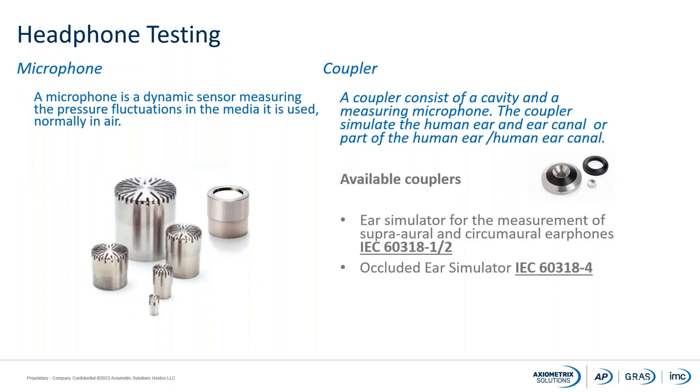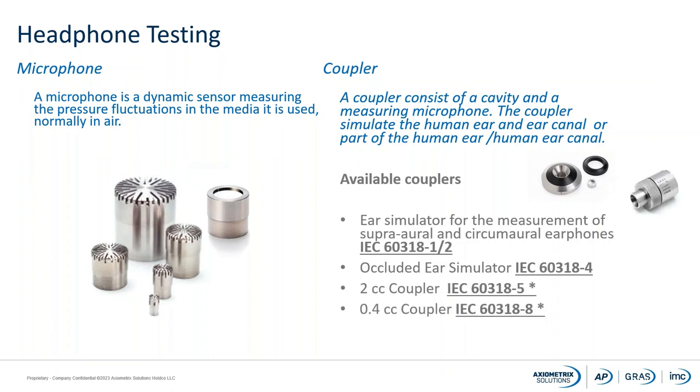So therefore, this ear simulator is actually very good for testing all types of headphones: on the ear, over the ear, earbuds, and in-ear headphones. When we are talking about in-ear headphones, we know that we need an ear canal for testing these. For doing production tests of these, we could use a coupler.